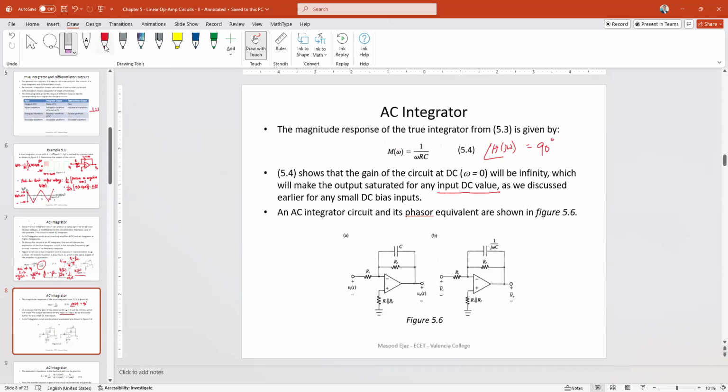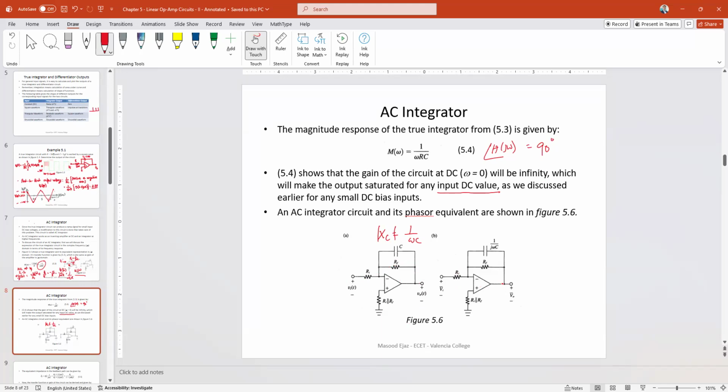So remember, at DC, the capacitor acts as an open circuit because the magnitude of the reactance of the capacitor is 1 over omega C. So when omega is 0, this is going to be extremely large, infinity, which means that the reactance of this capacitor is infinity, meaning open circuit. So at DC, this is going to act exactly as your inverting amplifier with the gain RF over R input.